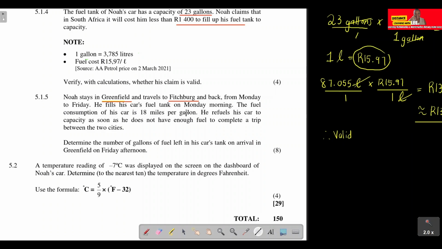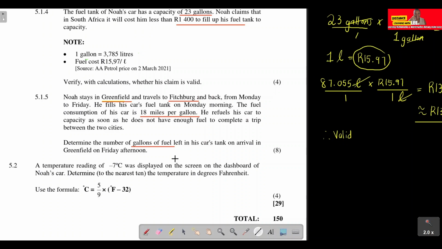The fuel consumption of his car is 18 miles per gallon. He refuels his car to capacity as soon as he does not have enough fuel to complete a trip between the two cities. We now need to determine the number of gallons of fuel left in his car on arrival in Greenfield on Friday afternoon.